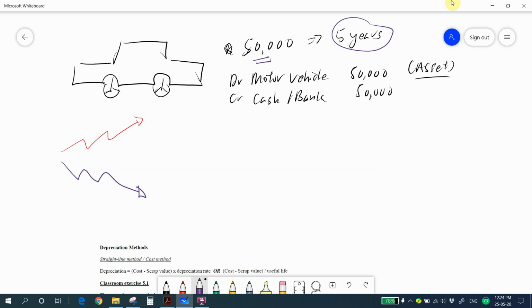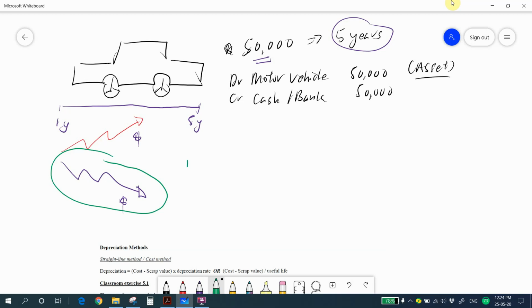So tell me, over this 5 years period, the value of the motor vehicles will increase or decrease after you use? I guess the answer is very obvious, right? The answer is this one. The value of the asset will decrease over the period.